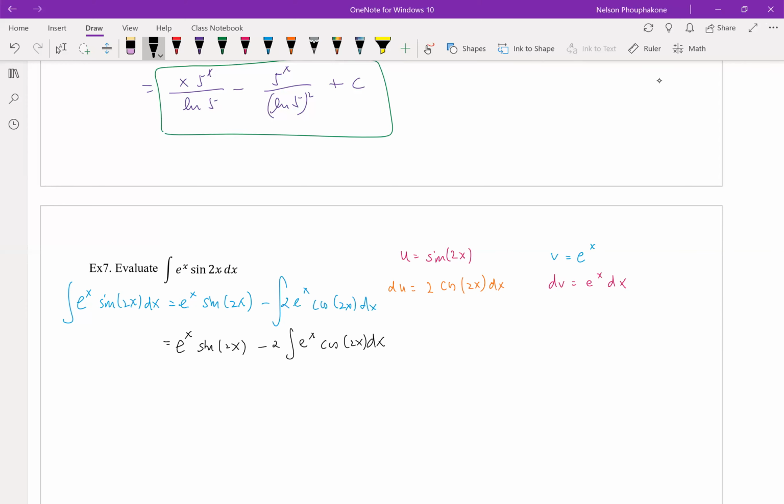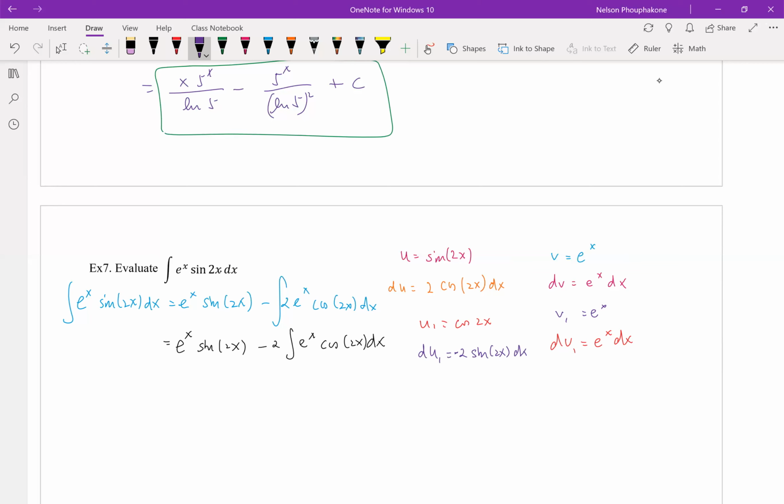Okay, and now I have to do the integration by parts again. So I will have u sub 1 is cosine of 2x, and then dv sub 1 is e to the x dx. Okay. Then of course I will have v sub 1 is e to the x, and du sub 1 will be negative 2 sine of 2x dx then.